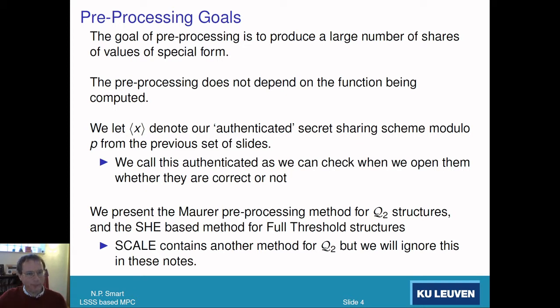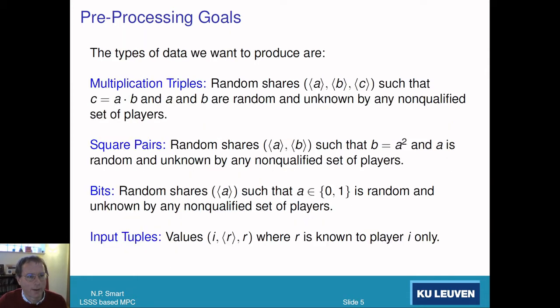Okay. So I'm going to give you two methodologies. One is what's called MAC-based preprocessing for Q2 access structures, and then a method based on somewhat homomorphic encryption for full threshold access structures. And the system that we produced in Leuven called SCALE actually contains another method for Q2, but we're going to ignore it in these notes because that's a little bit more complicated. But you can read about that later.